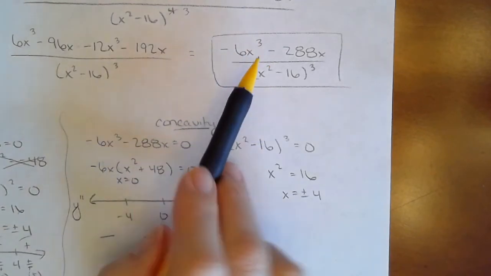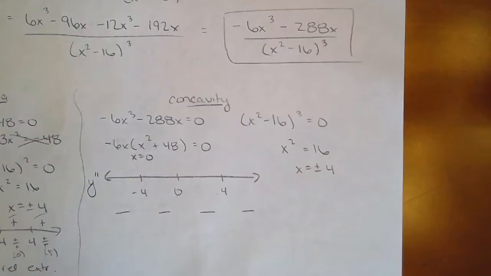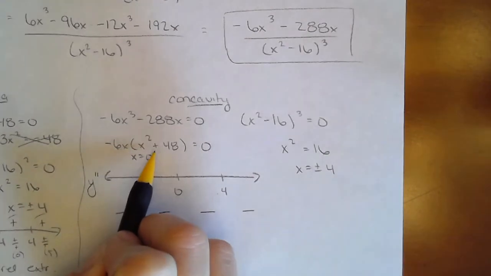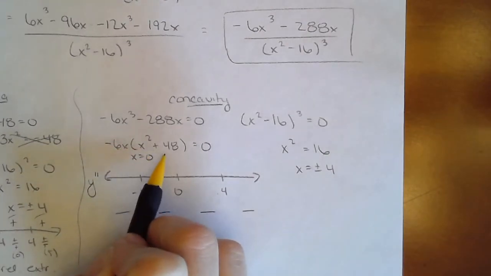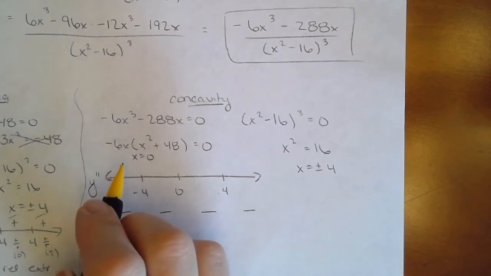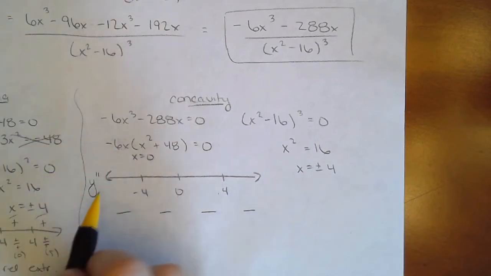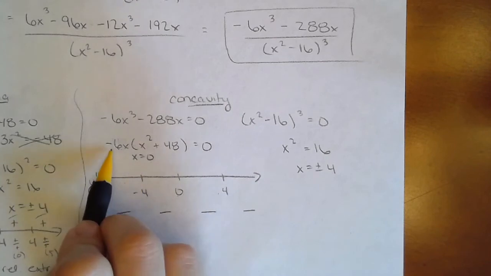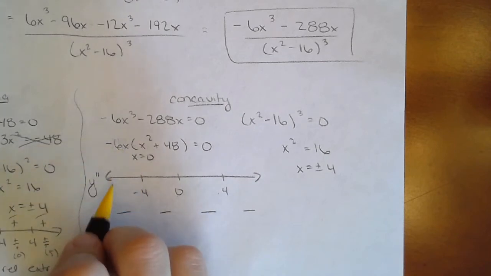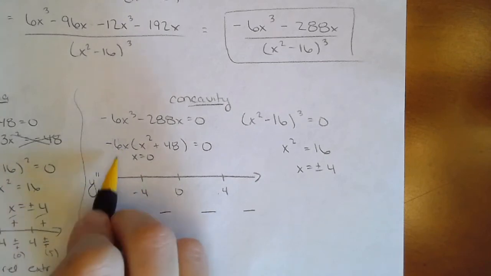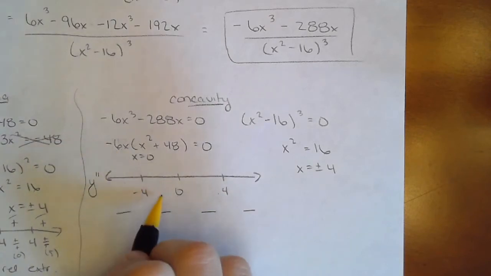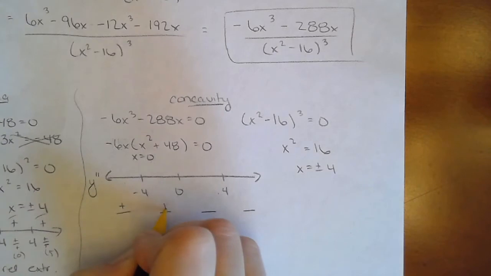So the numerator comes from right here. Now, since this part will always be positive because you are squaring a number and then adding 48, all I have to realize for the numerator is what's going to happen when I plug one of these numbers into -6 times that number. So -6 times a -5 will be positive, and -6 times a -3 or a -1 will be positive. So both of these numerators will be positive.